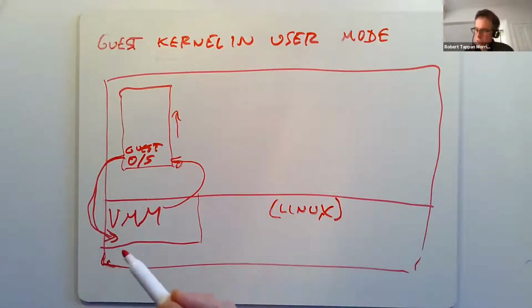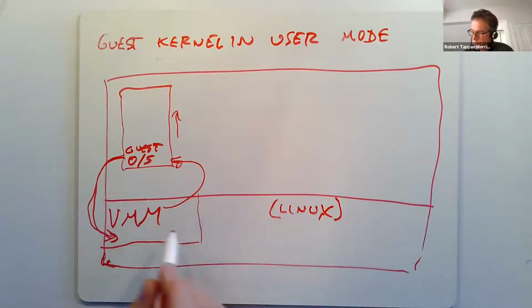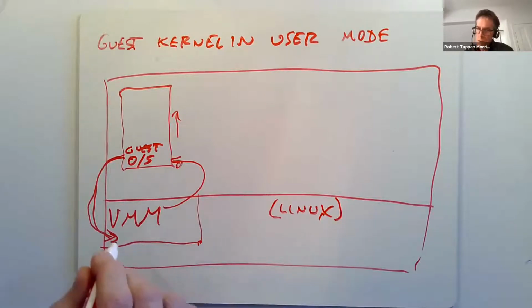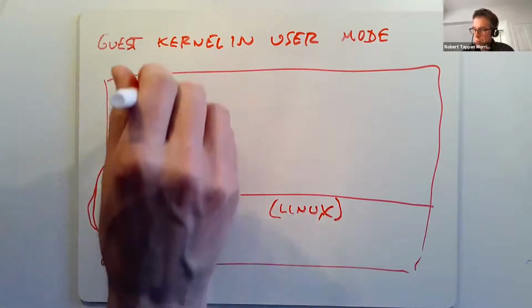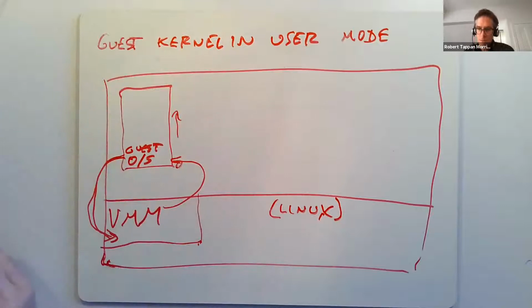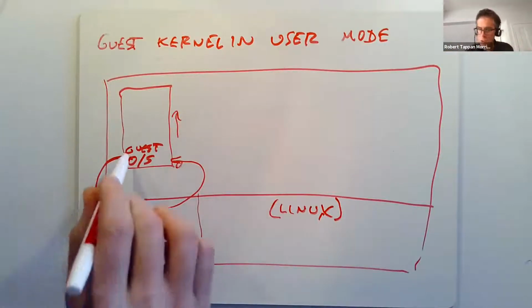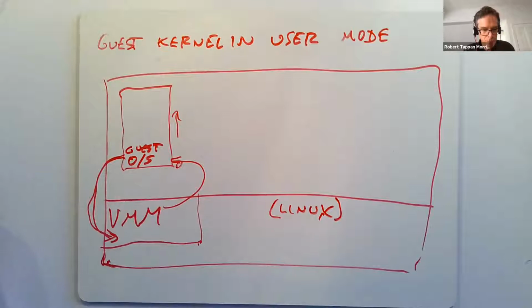And that's the way today's paper works: you boot Linux and then run this loadable kernel module. But the main point is the virtual machine monitor software, the software we're writing that we trust, runs in supervisor mode, and we're going to run the guest in user mode, but arrange for it to look like it's running in supervisor mode as far as the guest is concerned.